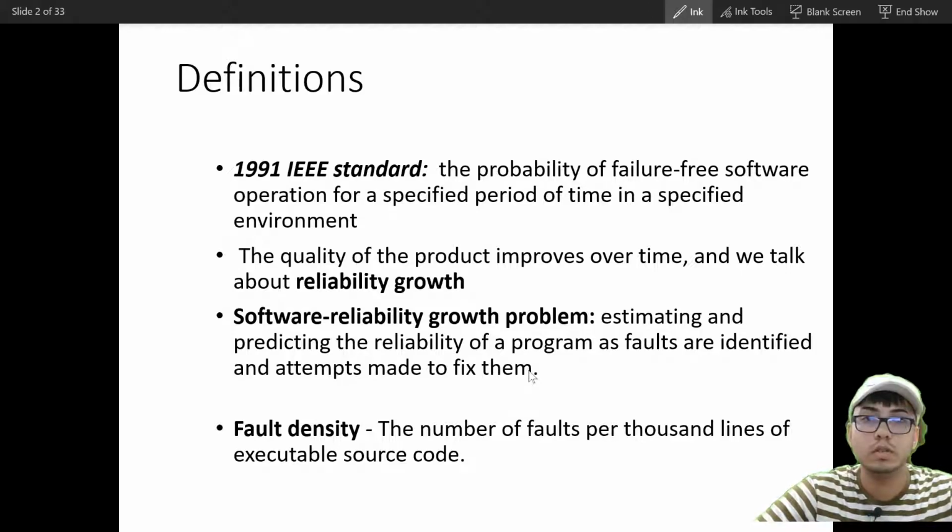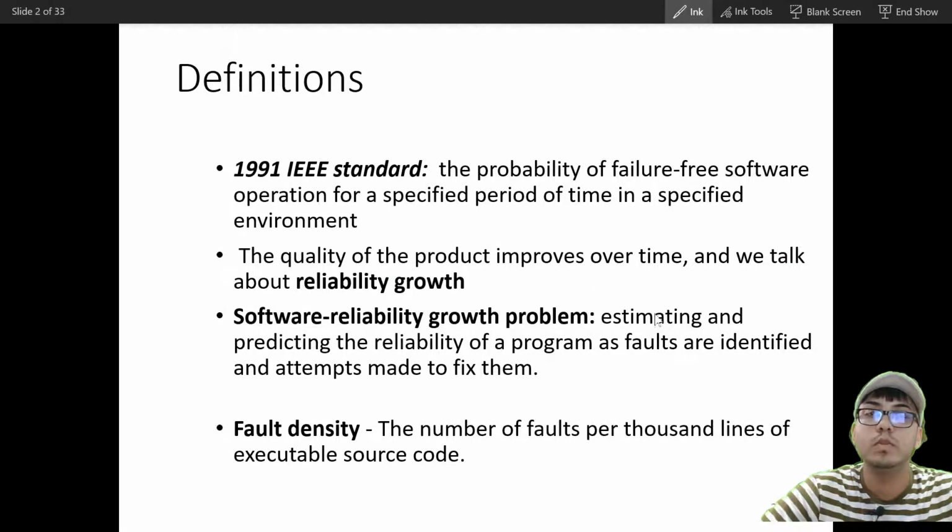According to the 1991 IEEE standard, the definition of reliability is the probability of failure-free software operation for a specific period of time in a specific environment. The quality of the software improves over time, and we talk about reliability growth.